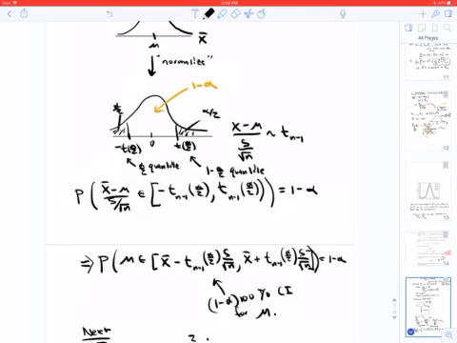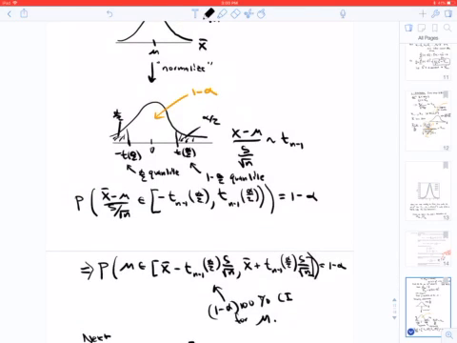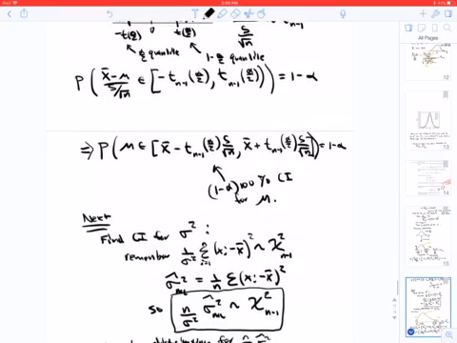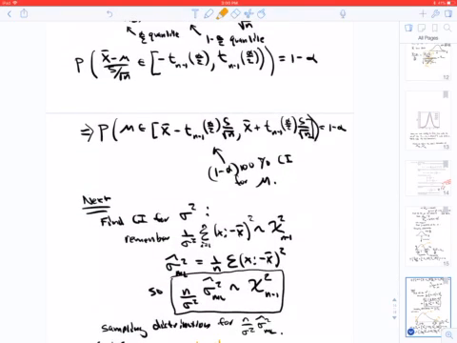So the probability that it is between the alpha over 2 quantile and the 1 minus alpha over 2 quantile is 1 minus alpha. And we basically just solve here for mu, just like we had done in the first lecture. So this is the formula for a 1 minus alpha 100% CI for mu.